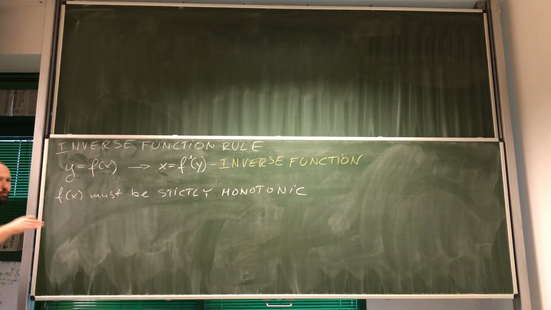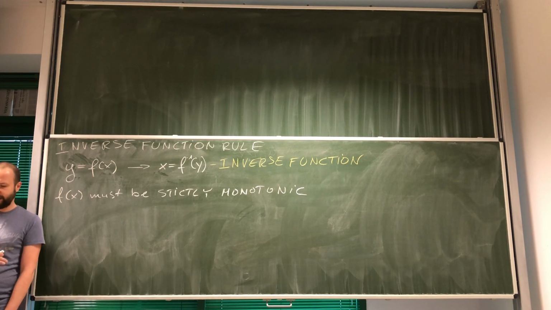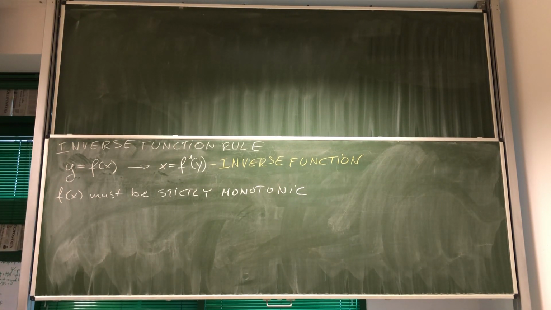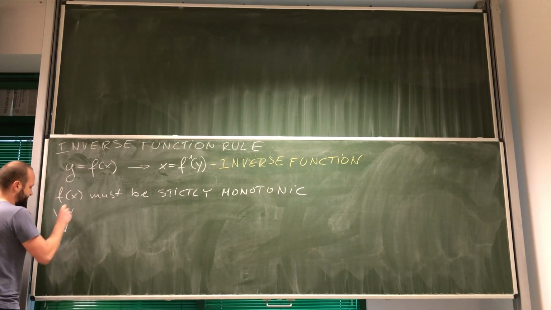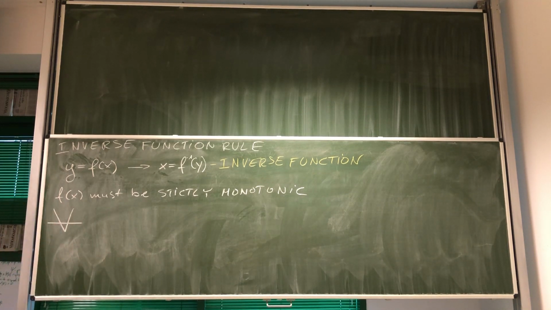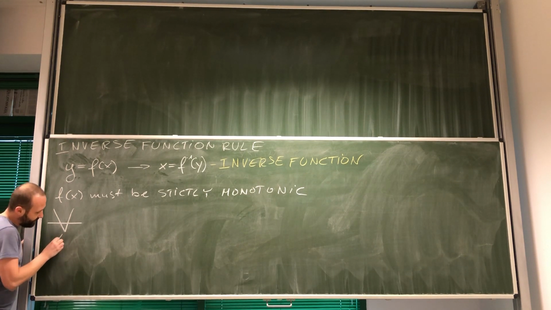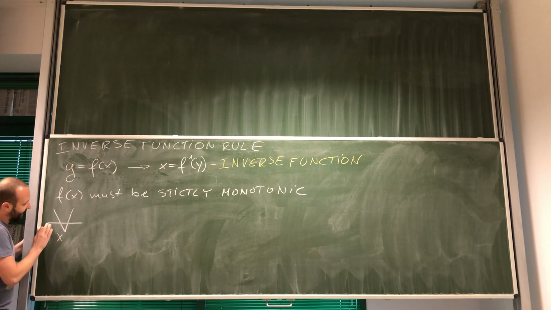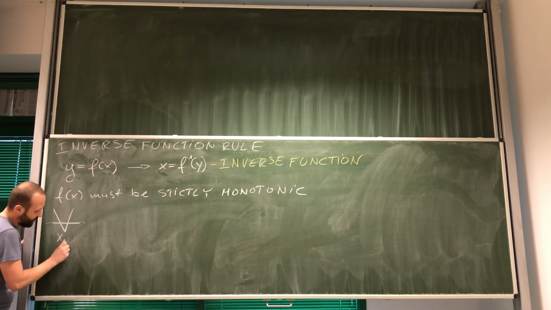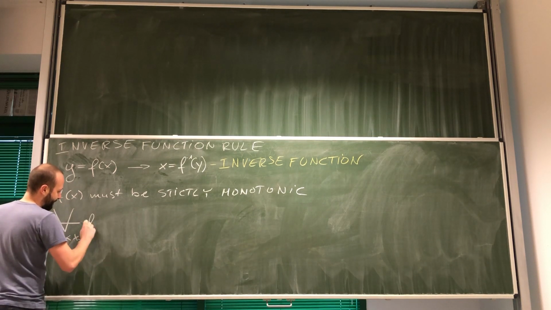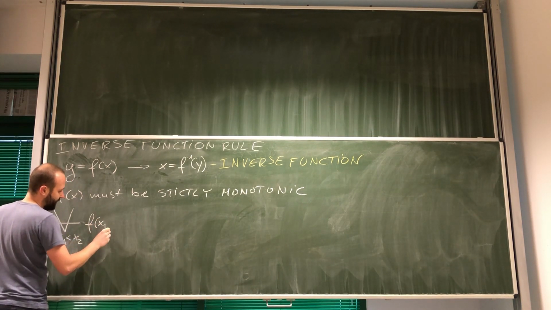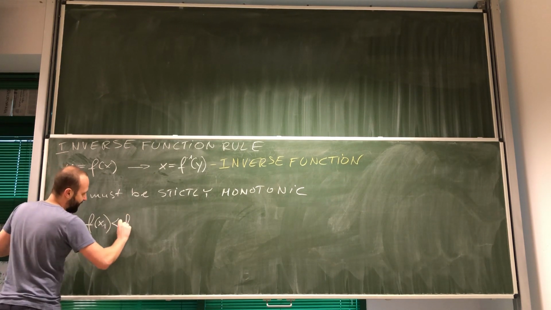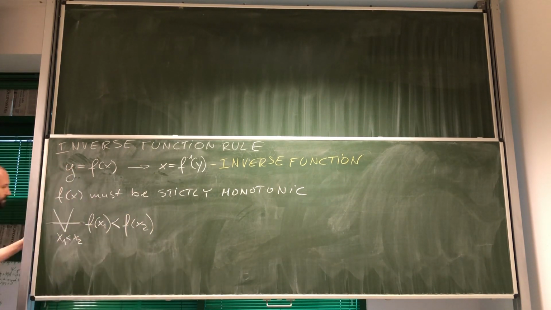Now let's use what we learned in logic, and let's use this symbol. What does it mean? For every, right? So, if for every x1 lower than x2, we have f of x1 lower than f of x2, what does this mean?